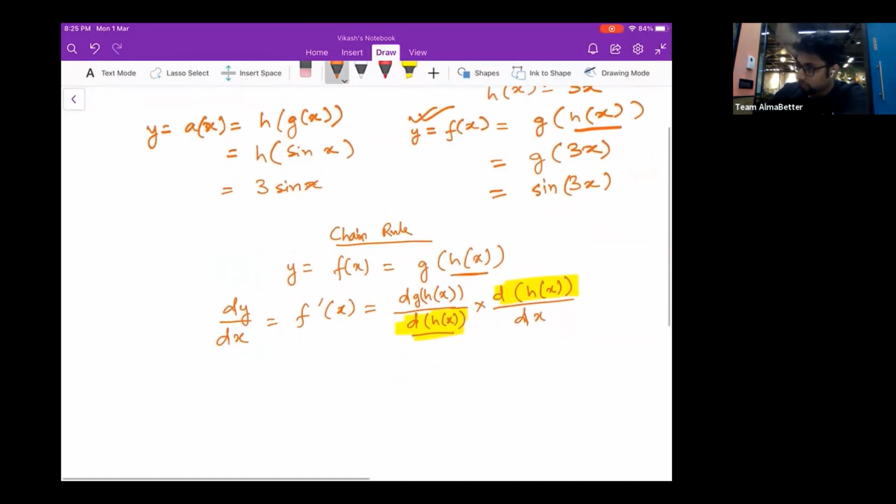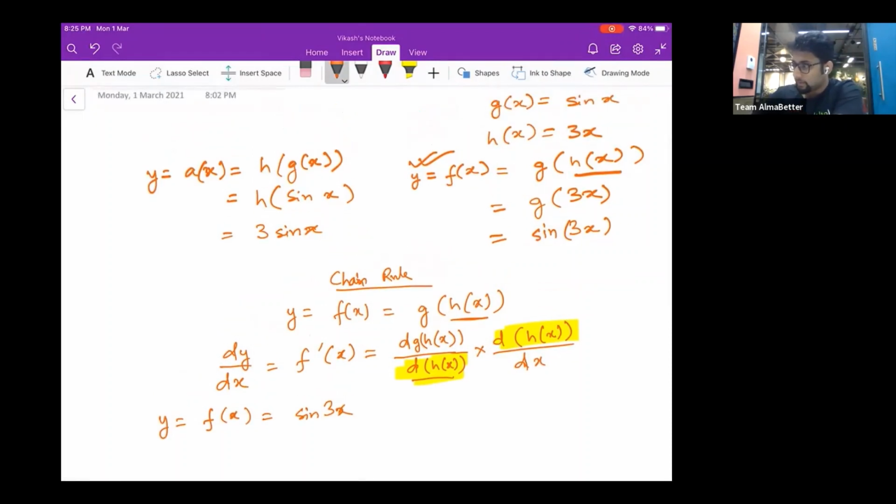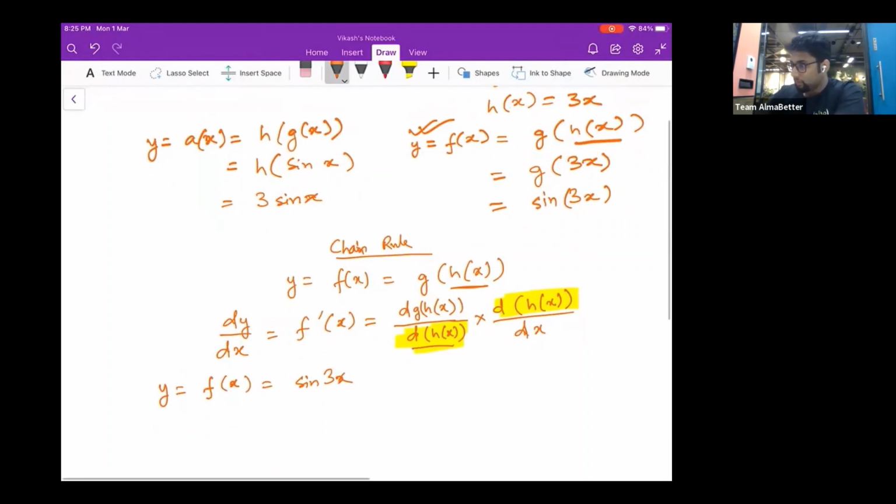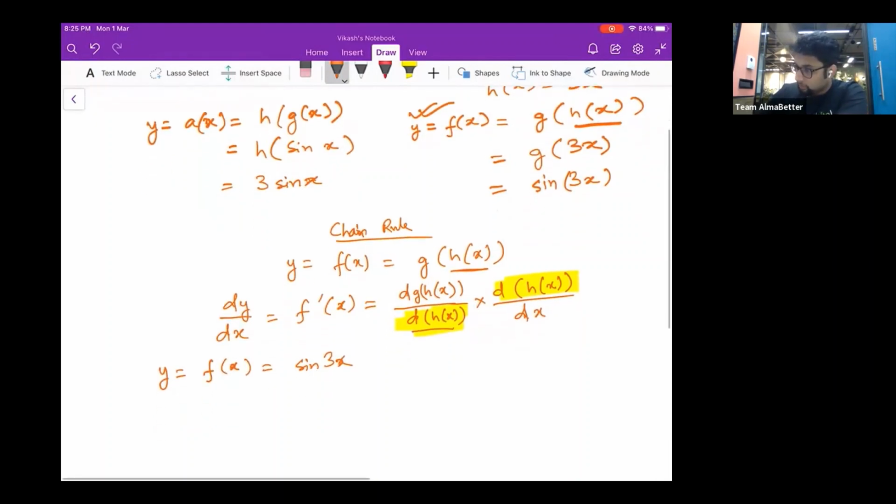You need to, let's say, find the derivative of sine 3x. So here you can see that this is a composite function. Sine of x can be treated as g(x), and 3x is nothing but h(x). So what you will do is use this.